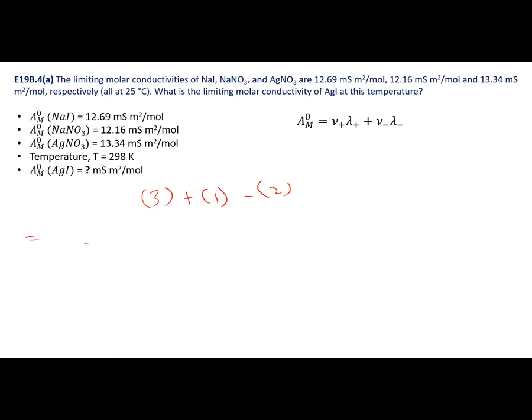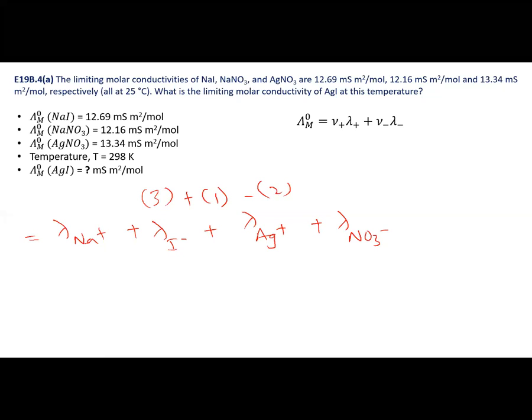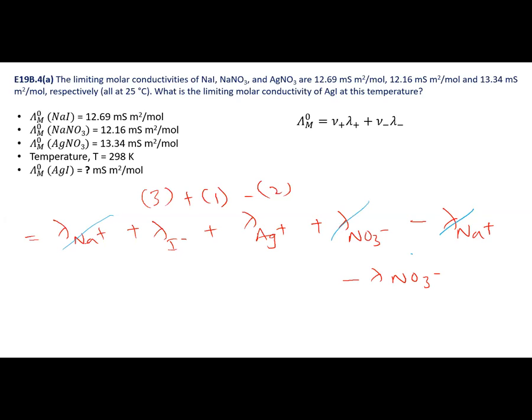So it's going to look like sodium Na plus lambda I minus plus lambda Ag plus lambda NO3 minus lambda Na minus lambda NO3 minus. So at this point we have sodium gets cancelled, nitrate and nitrate gets cancelled.